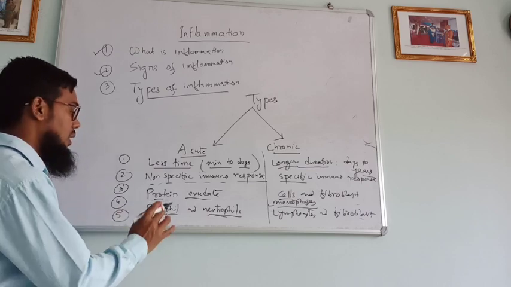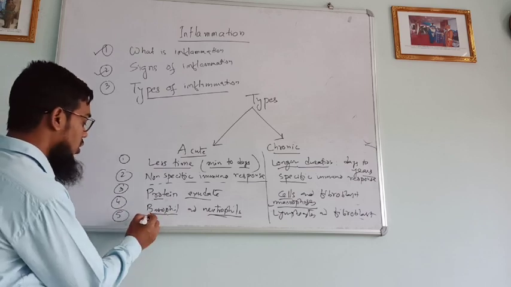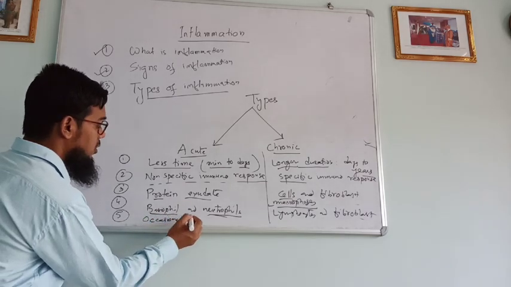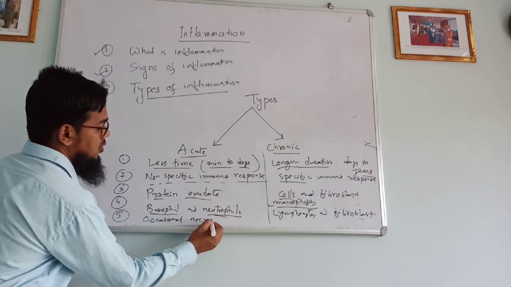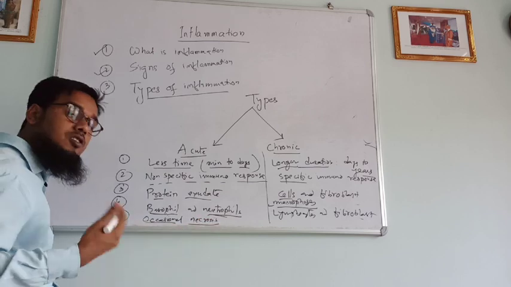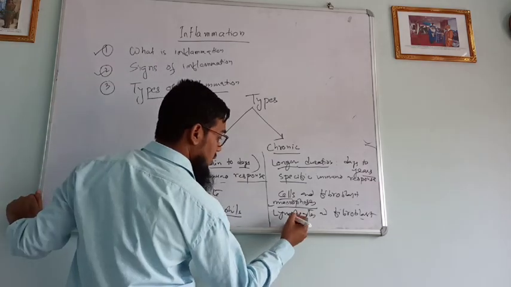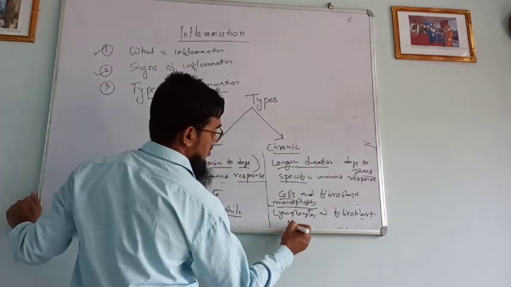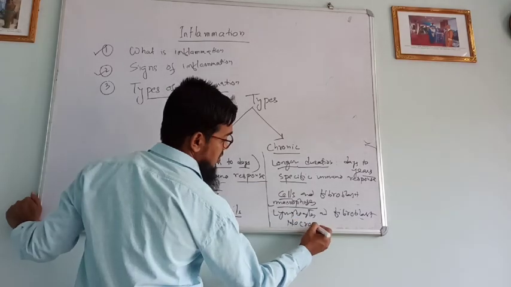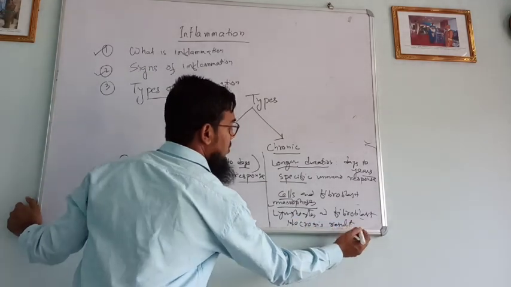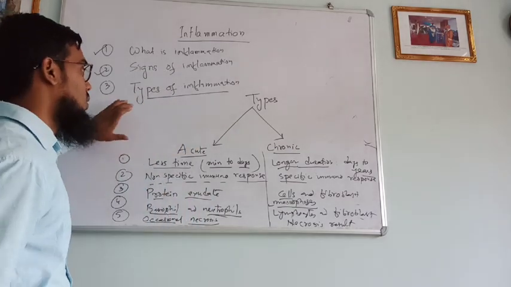Another difference: occasionally, acute inflammation produces necrosis; sometimes it happens, but it is not severe. But in chronic inflammation, necrosis results, which is damage of cells or a particular tissue.